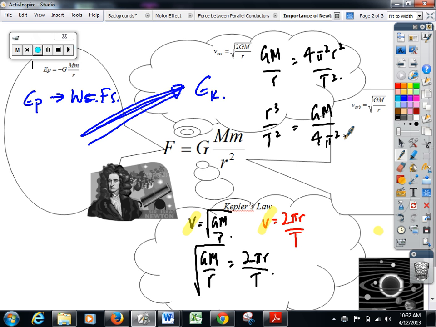So far we have 4 pieces of information that have come simply from our understanding of Newton's law of universal gravitation. The last thing that we want to have a look at is the orbital energy.